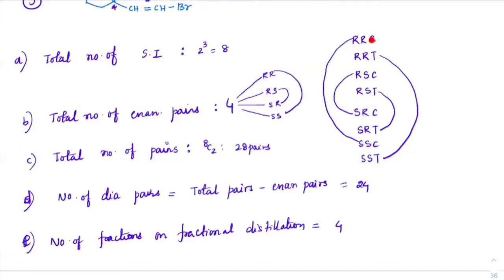Taking cis and cis, then only you can call it an enantiomer. Understood? Sir, you had taken only 2 pairs, no, sir? No, this is the initial representation. After that, if you combine with cis, these two will get it. Okay, sir.